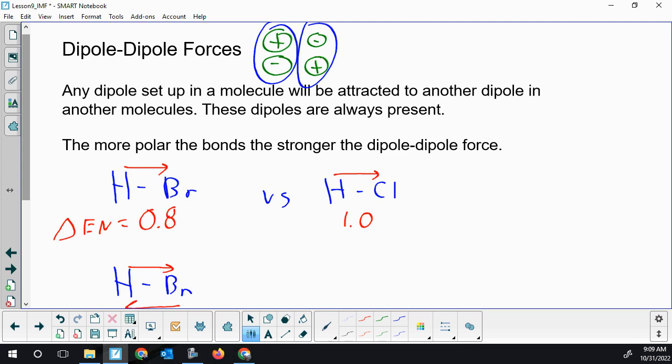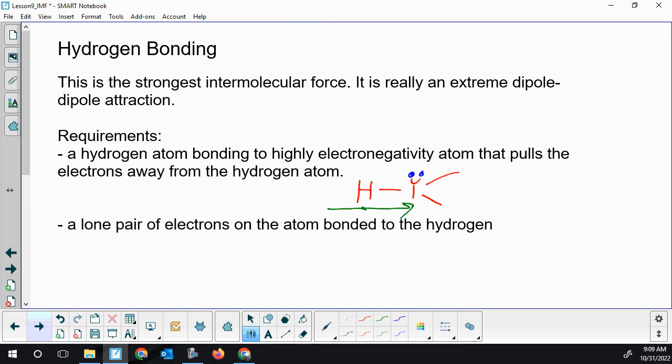You have to watch out for polar bonds that cancel each other out. They will not have dipole-dipole forces. Last, we had hydrogen bonding, which can be quite strong even in small molecules. So with water, hydrogen bonds, it's really tough without a lot of London forces, but the hydrogen bonding dominates its physical properties.